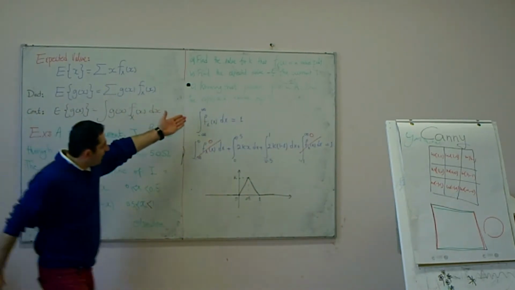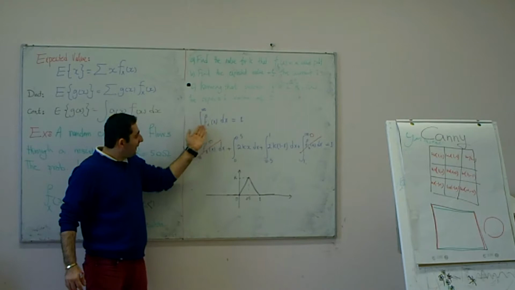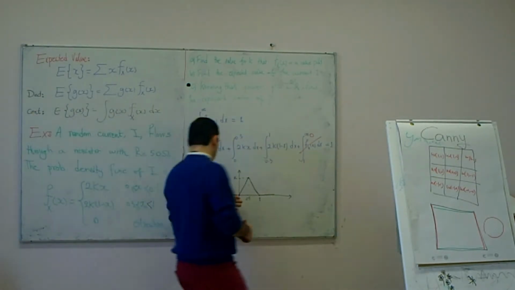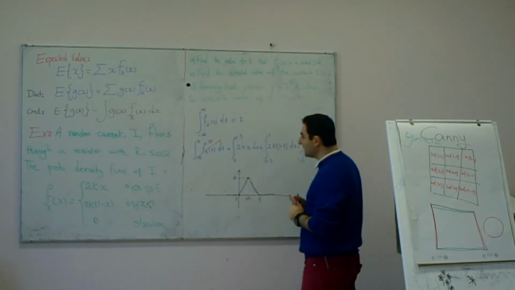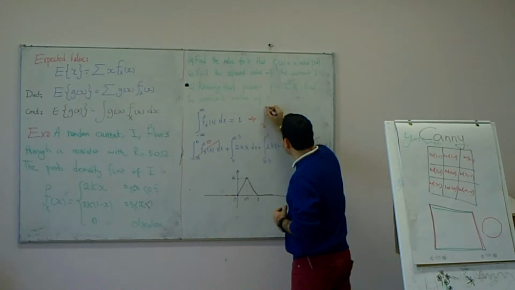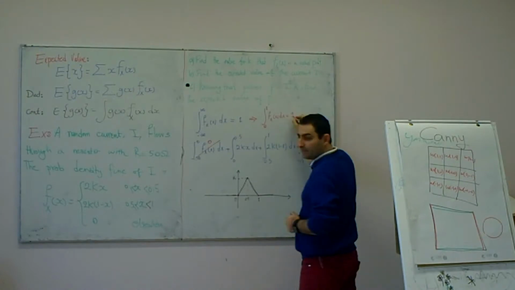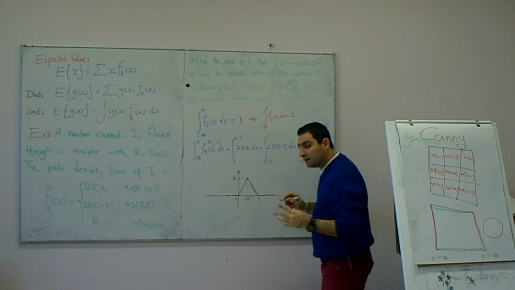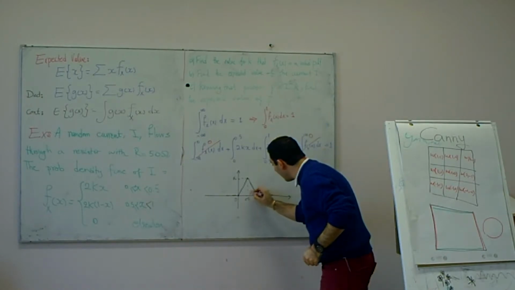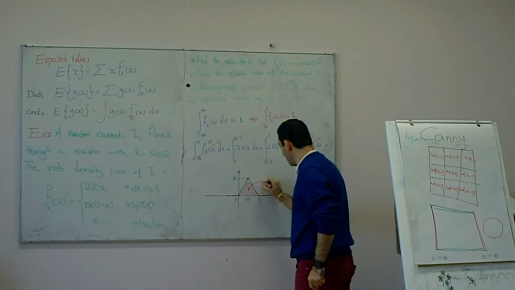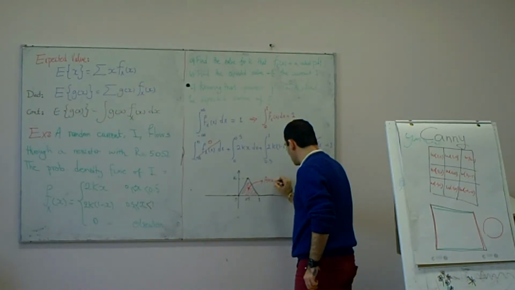Now, the formula says the integral of f(x) from minus infinity to plus infinity should be 1. I know before 0 and after 1 it is already 0, so it implies that the integral from 0 to 1 of f(x) dx should be 1. What is this integral? Yes, the area underneath the graph. This is a triangle, and the area should be 1.